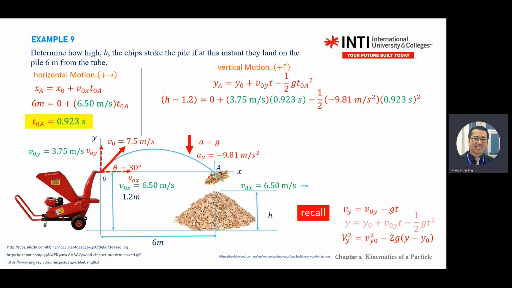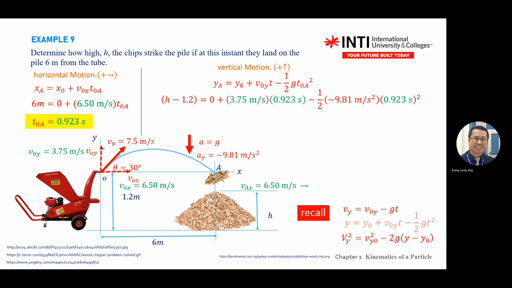That's why the equation here takes H minus 1.2. But if you take the diagram that you see on the screen, 1.2 minus H also can, but the answer you will get is negative.